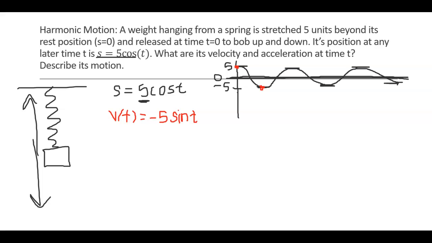Negative. So doesn't this negative sign make sense? Sine usually starts at 0, 0 and goes up. But because it's negative, the sine function is going to start at 0, 0 and go down.